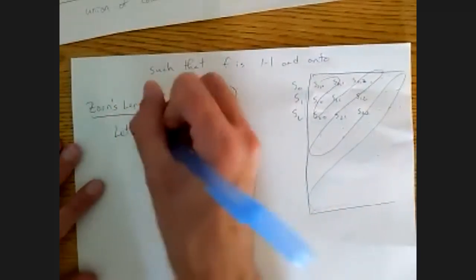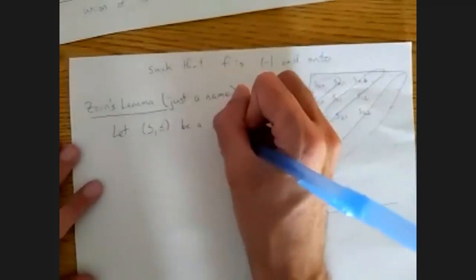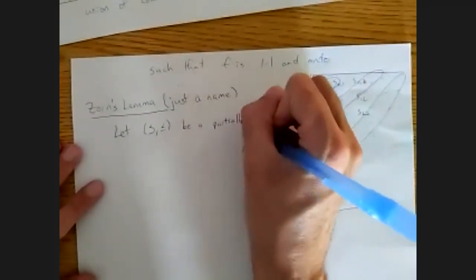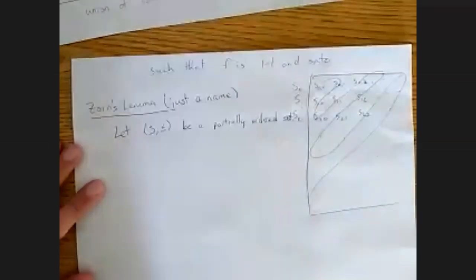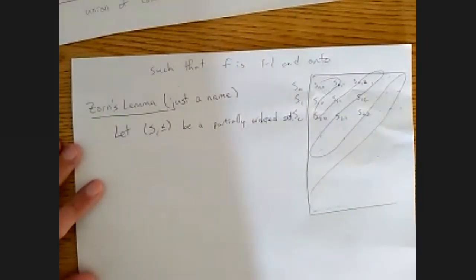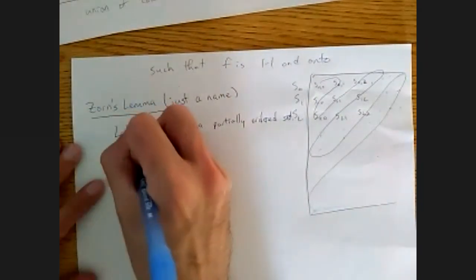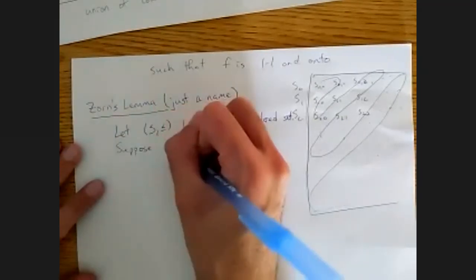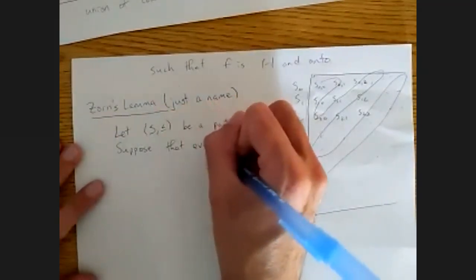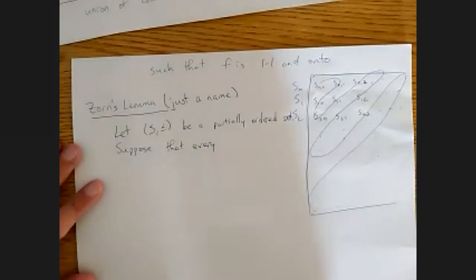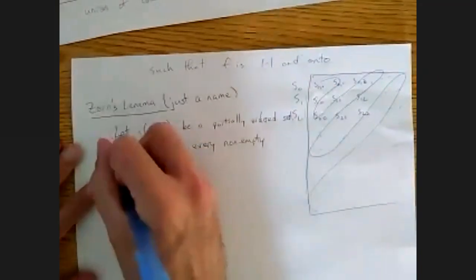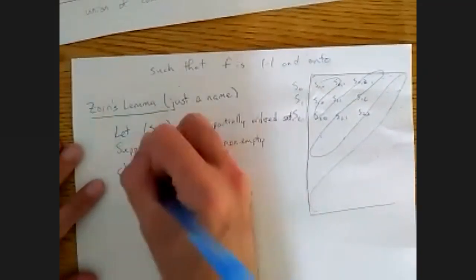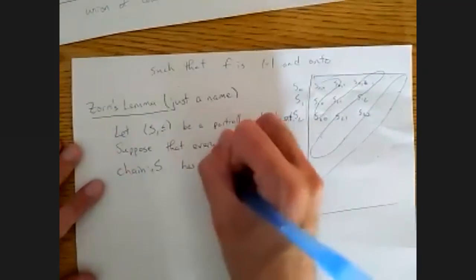Okay, and it says that if we have a partially ordered set, suppose that every non-empty chain in S has an upper bound.